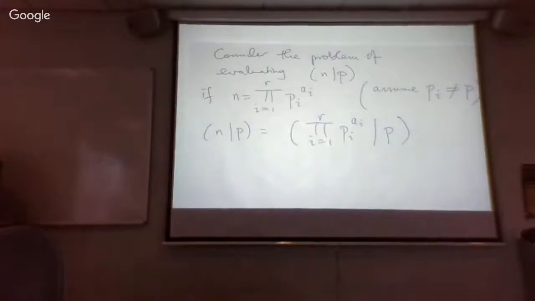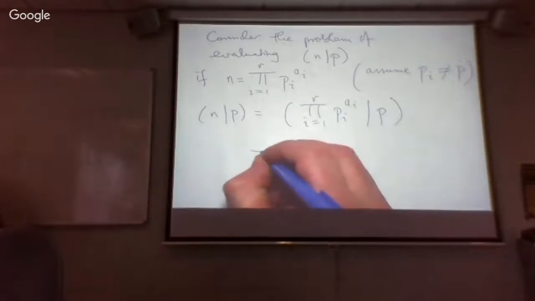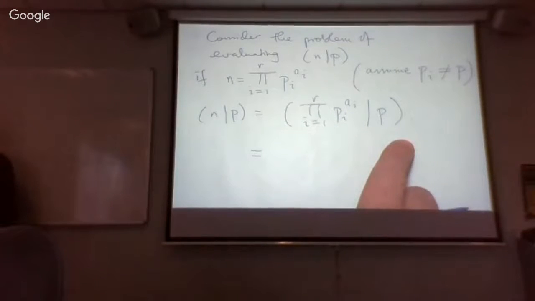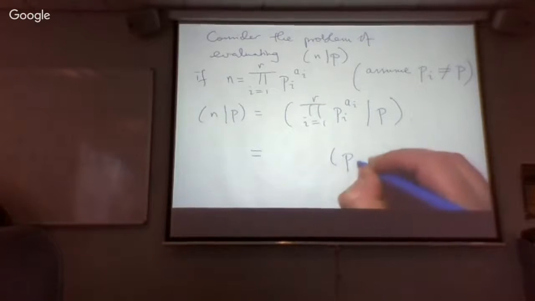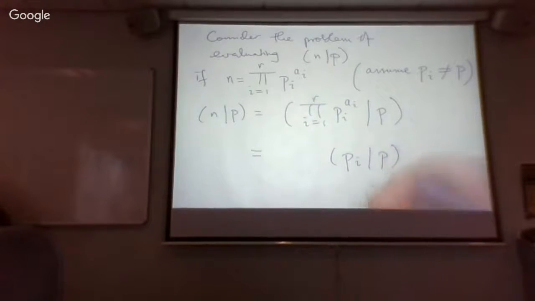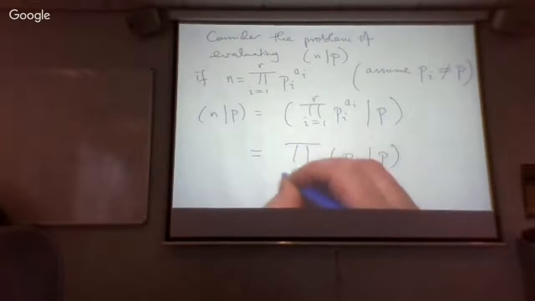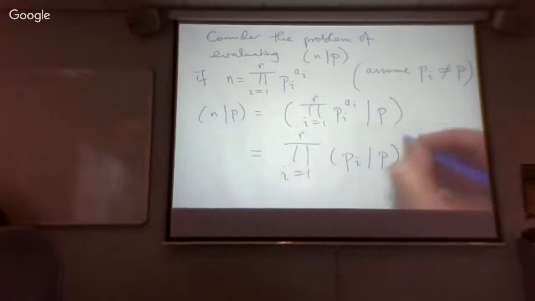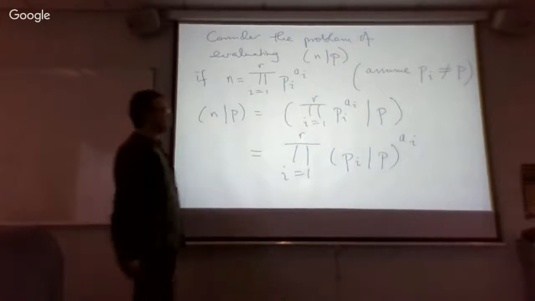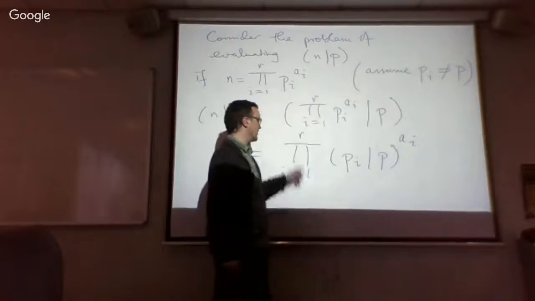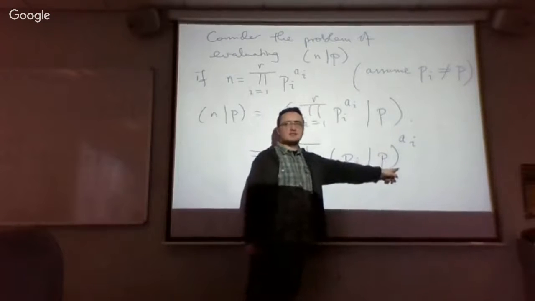So straight away, we get this nice result that evaluating this Legendre symbol just comes down to evaluating each of these individual Legendre symbols, because it will factorize into the product of these Legendre symbols.